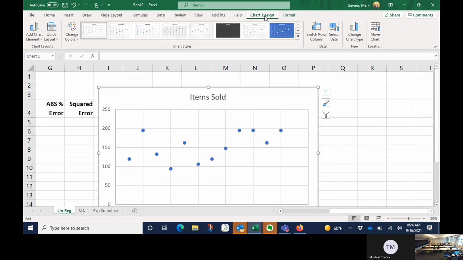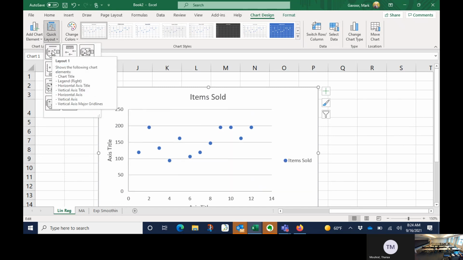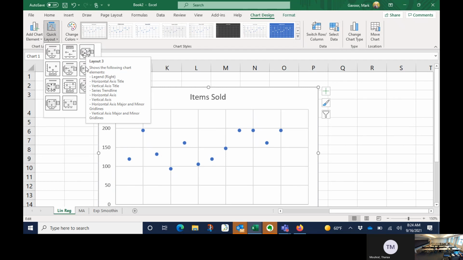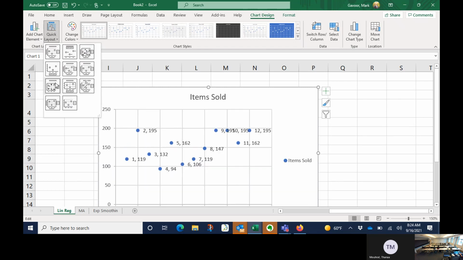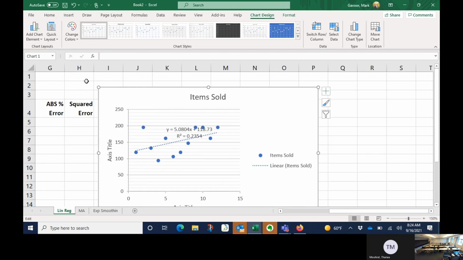Go to chart design, and you have what's called quick layout. Quick layout has a variety of different options. If you click on them, you can see what it looks like. If you're not sure which one to use, try them all until you get to the one, then click on it with the FX, because this gives me the regression equation and the R squared right there.